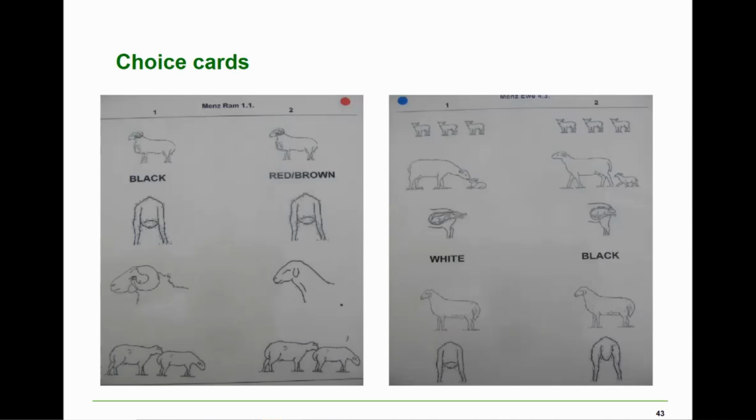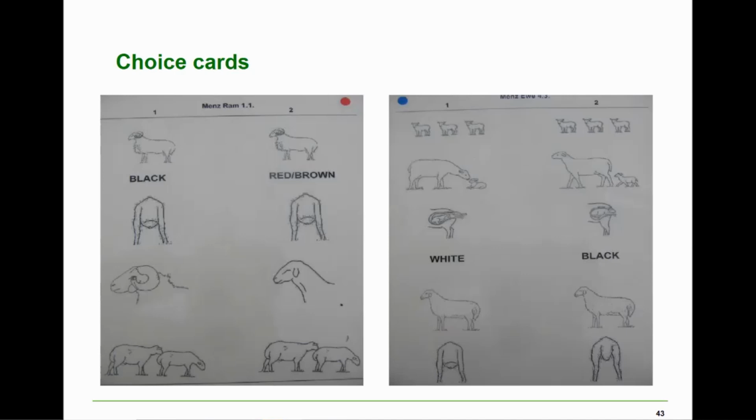And you see that some of these factors are the same, but some are different. So the farmer says either 1 or 2. And then there is another card which might have, for example, all the same characteristics, but one has a big fat tail and the other one has a smaller tail. And then this is also incorporated into the decision.